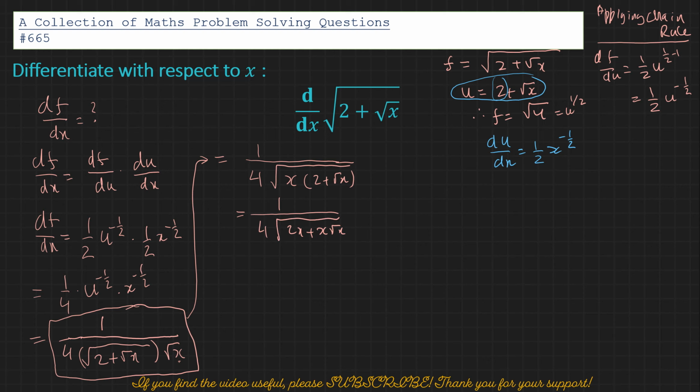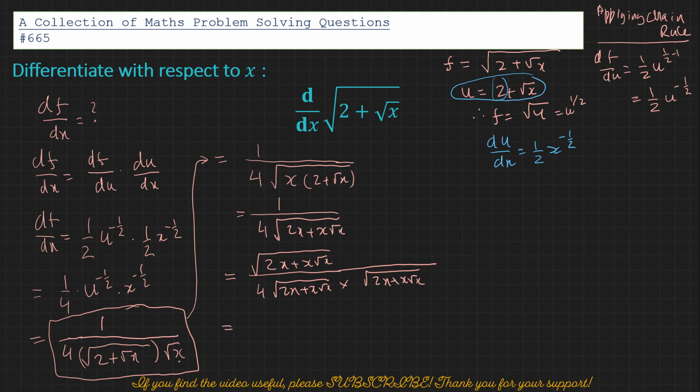When I do that, I can multiply the denominator and the numerator by the square root of 2x plus x root x, divided by 4 times 2x plus x root x multiplied by, once again, 2x plus x root x.